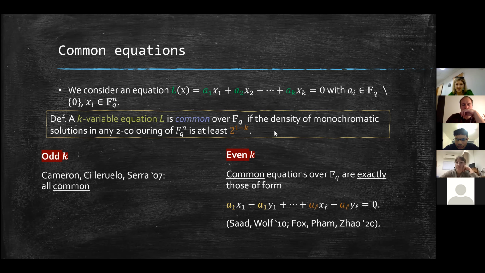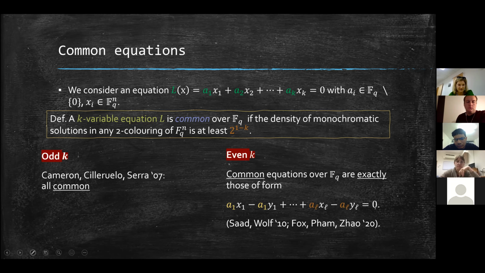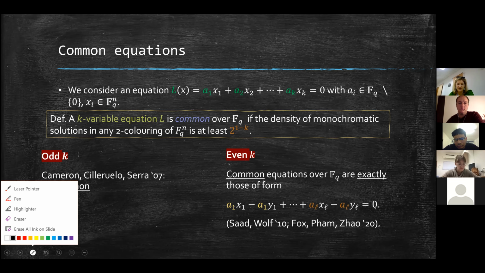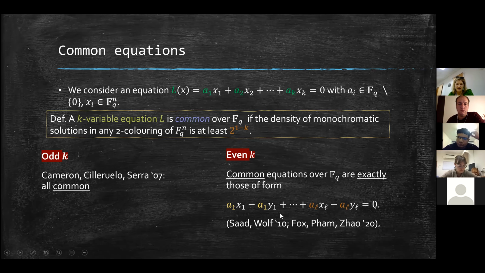Common equations have exactly this specific symmetric form, where coefficients come in pairs which sum to 0. So up to reordering, the coefficients just come in inverse pairs, and that describes all the common equations.